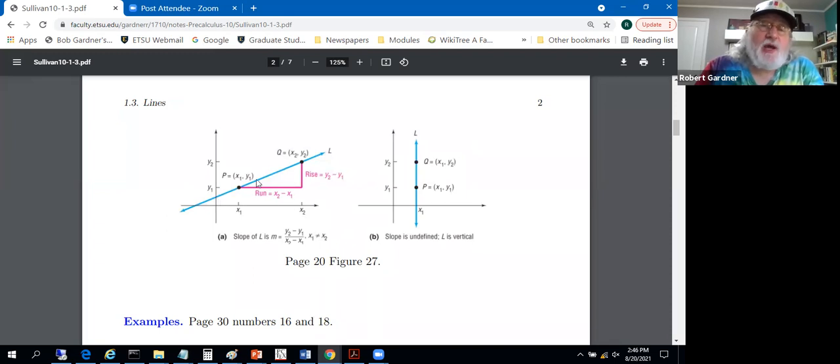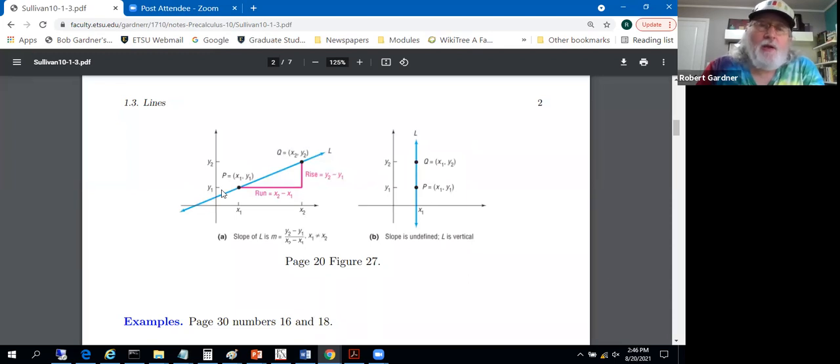If the function were not going uphill, some of this distance verbiage might have to be modified. For the rise part, it's changing the y coordinates. Because this line is going uphill, x2 minus x1, that's positive. x2 is to the right of x1. This rise, y2 minus y1, that's positive.